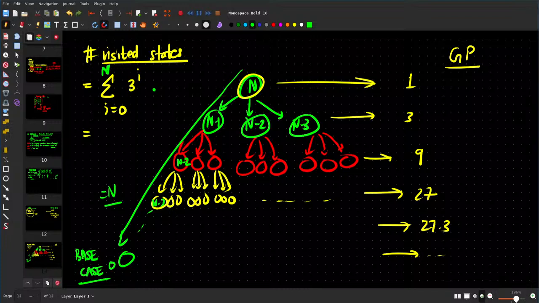Now the sum of the GP, which has the first term as 1 and common ratio as 3, let me search it up.